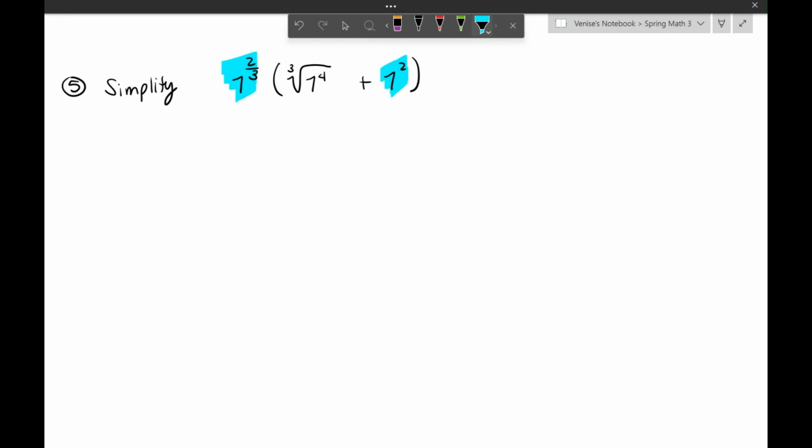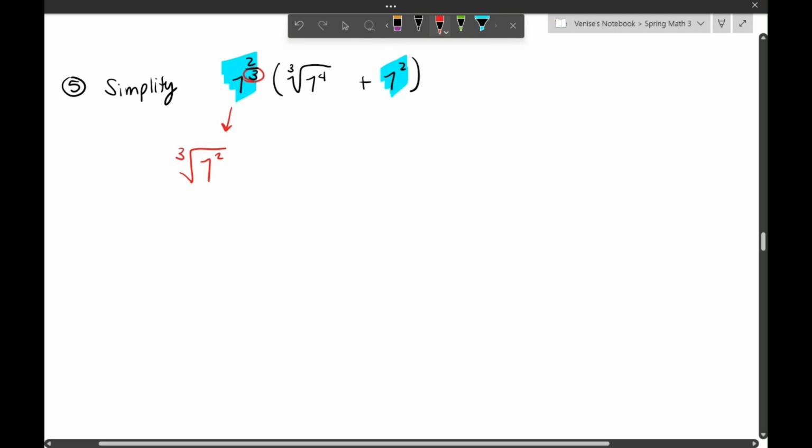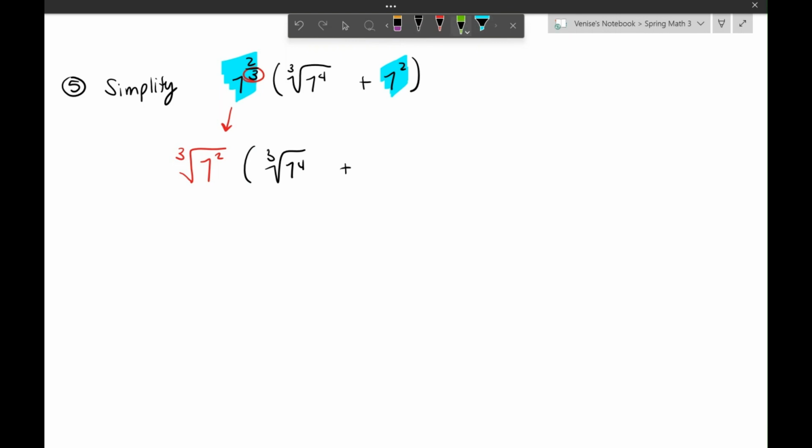Okay, so let's work backwards here. This becomes 7 squared under a cube root because my index is 3. And this first one stays the same. Plus, but I want to change 7 squared into a radical. How do I do that?